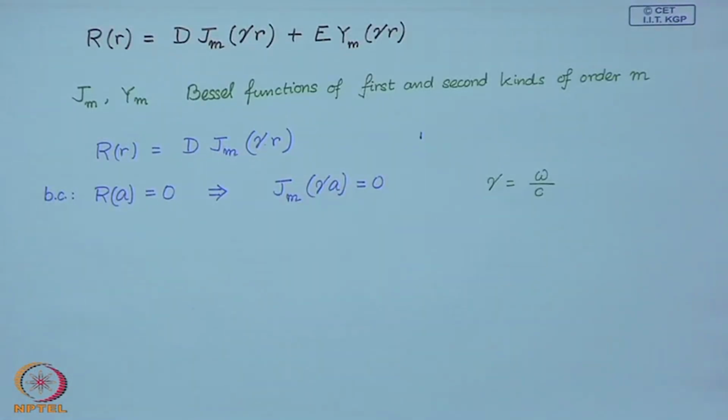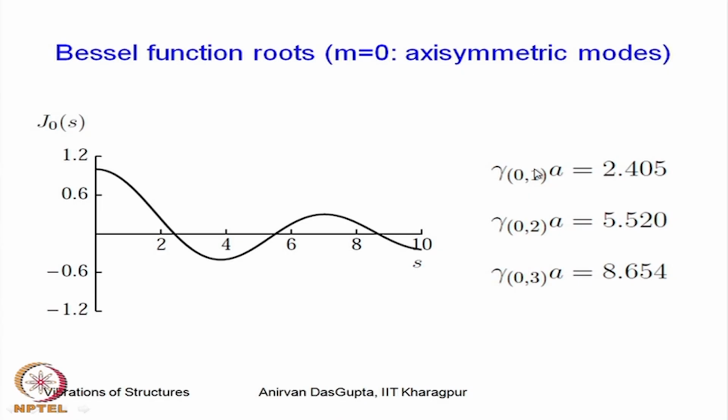Now, let us look once again at the Bessel function of the first kind, let us say with m equal to 0, the 0th order. This function goes to 0 at these points. In this figure there are only 3 visible, but this function has infinitely many roots. This goes on and on.